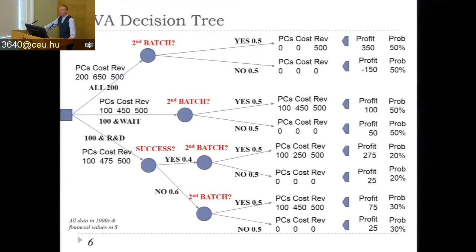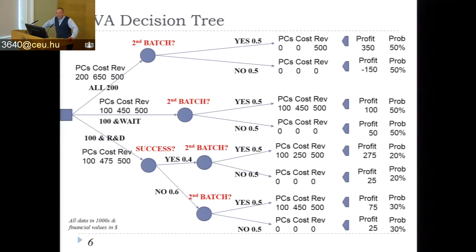At the top, for the all 200,000 manufacturing, we have two values: 350 profit with 50% probability, and minus 150 with 50% probability. In order to get the expected value, you multiply the corresponding values and add them together: 350 times 50% plus minus 150 times 50%.